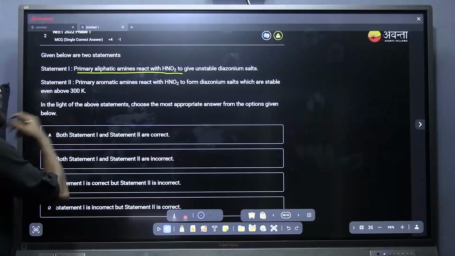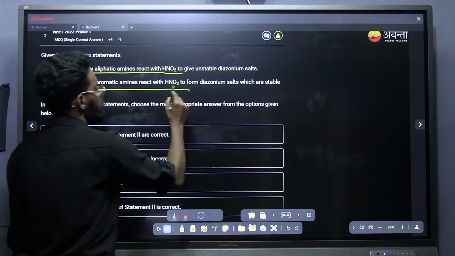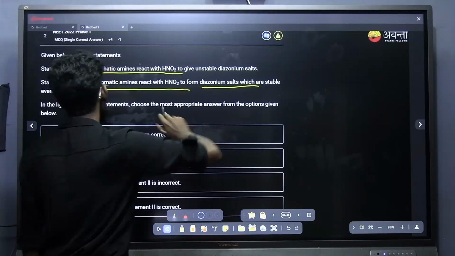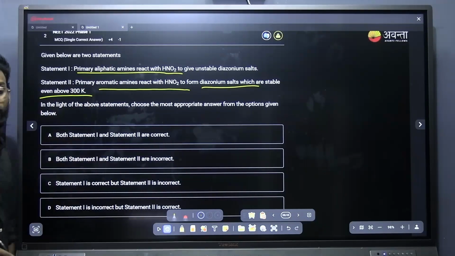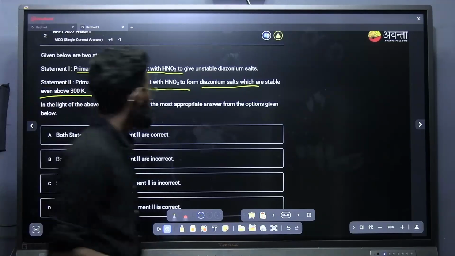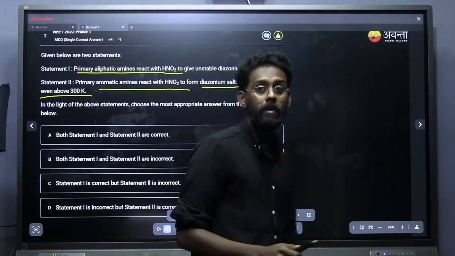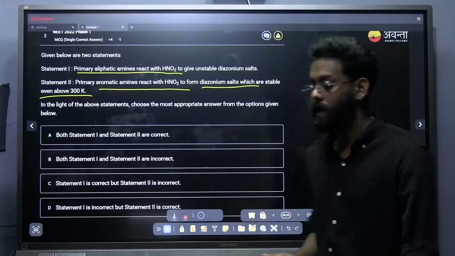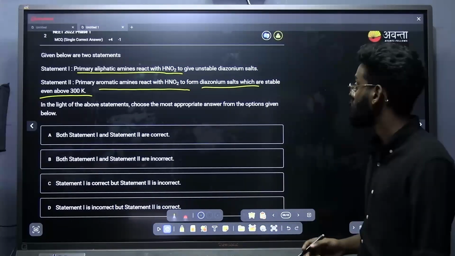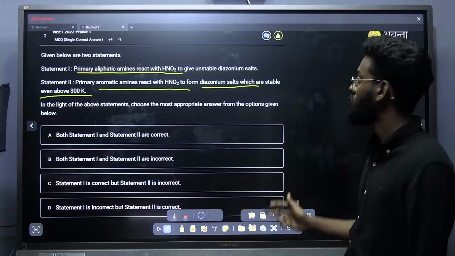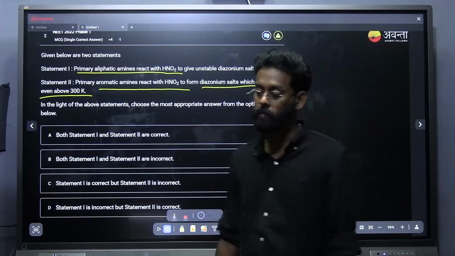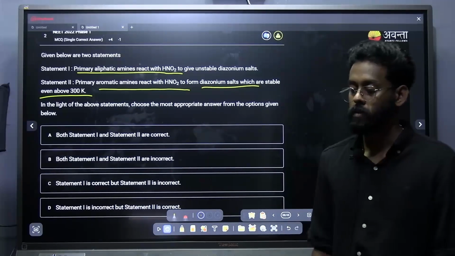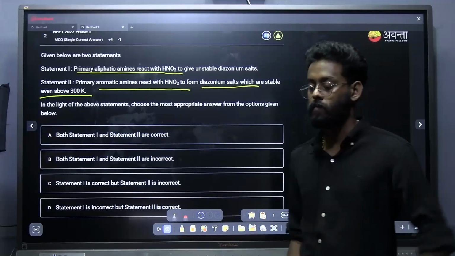Now what about the second one? Primary aromatic amine reacts with HNO2 to form diazonium salt which is stable above 300 Kelvin. Primary aromatic amine or aniline reacts with HNO2 to give diazonium salt, and it says it is stable above 300 Kelvin. Is it correct or wrong?